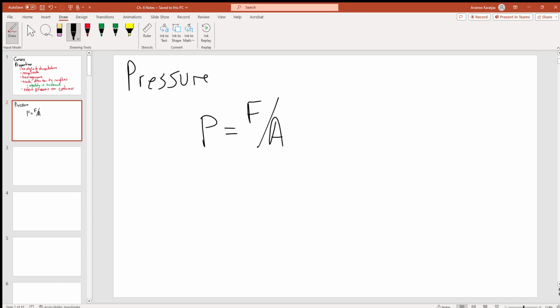Now, force is usually in newtons, and area in meters squared. And so this unit for pressure, newtons per meter squared, is equal to 1 pascal.